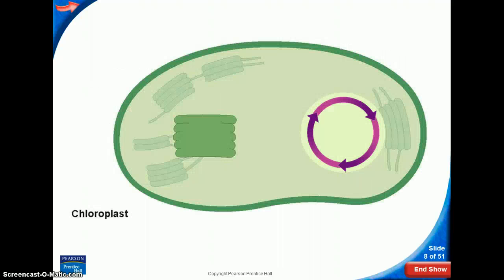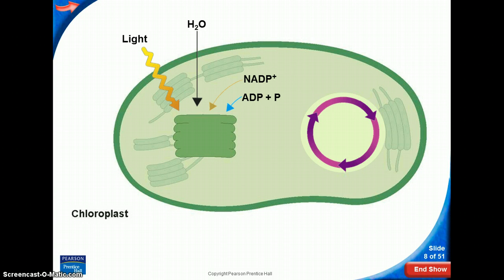Okay, so here's the general flow of it. We have, in this case, sunlight hitting the cell. It then hits the chloroplast, and we know that water is moved into the cell thanks to it moving through osmosis. And into these thylakoids, we have ADP with a phosphate coming in and NADP.